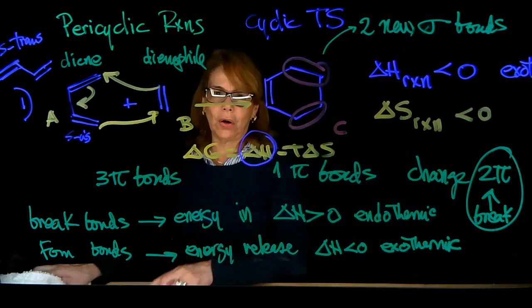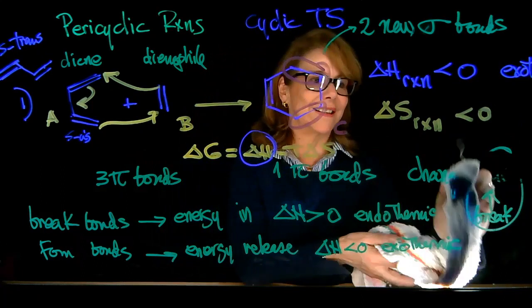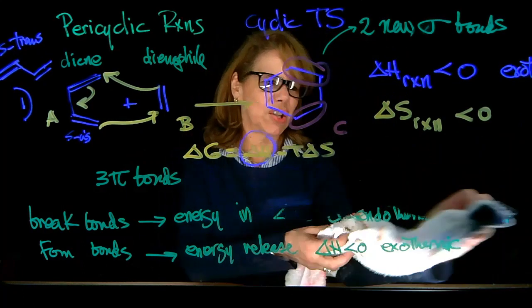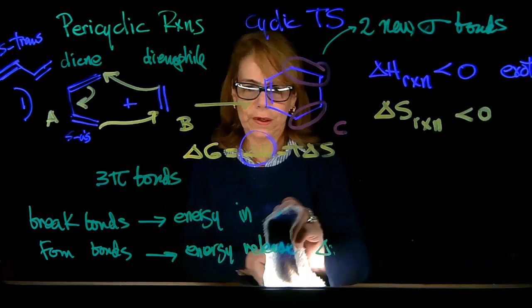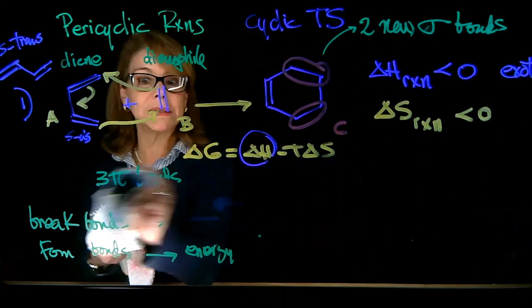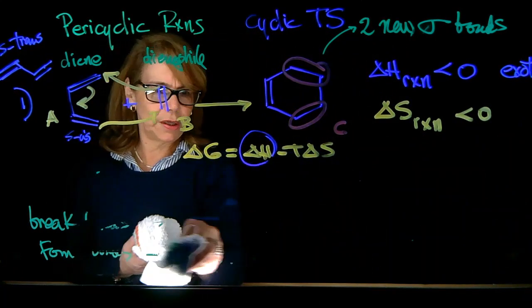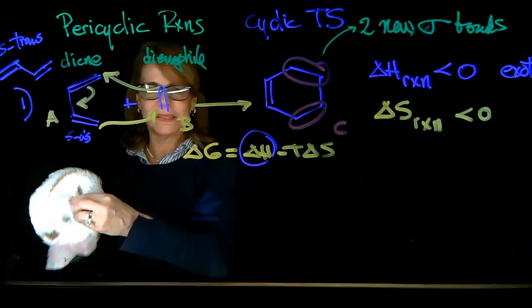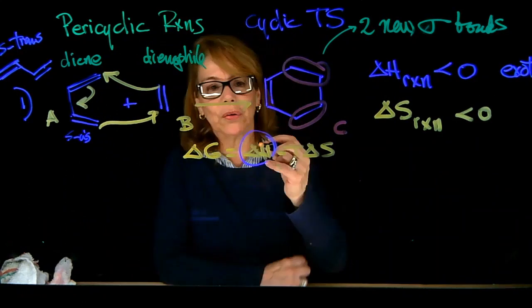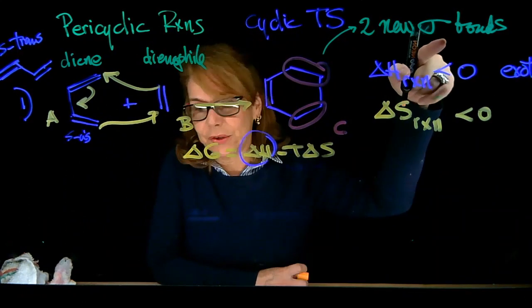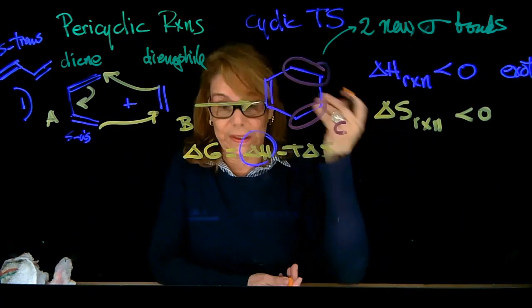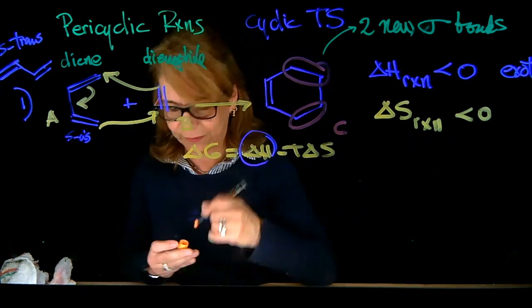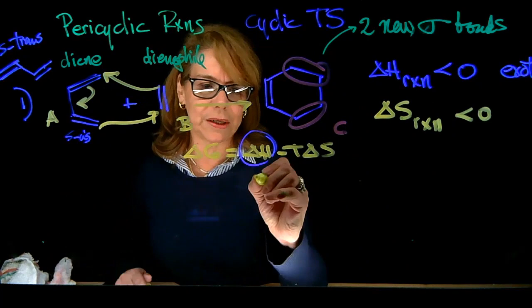So let's see now overall what that change will be. Now I'm erasing this part to do that analysis based on the equation that says Gibbs free energy, which determines spontaneity, equals the change in enthalpy minus T delta S. We have determined that because more energy is released when forming sigma bonds than the energy I need to use to break 2 pi bonds, this term has a negative sign, so the reaction is exothermic.